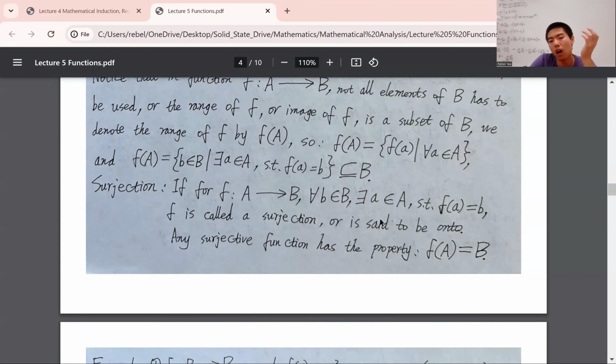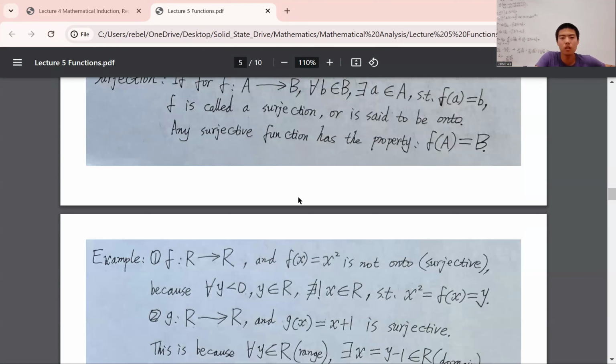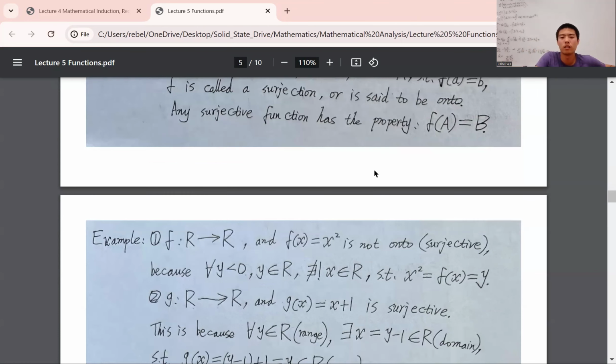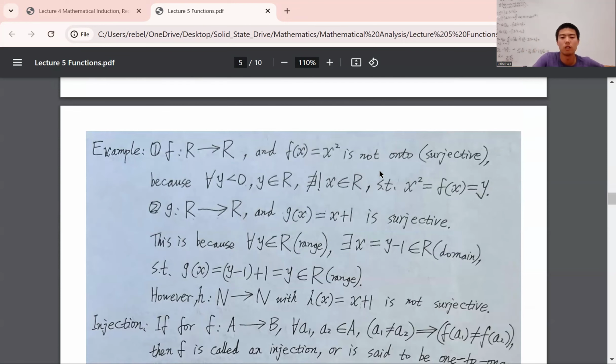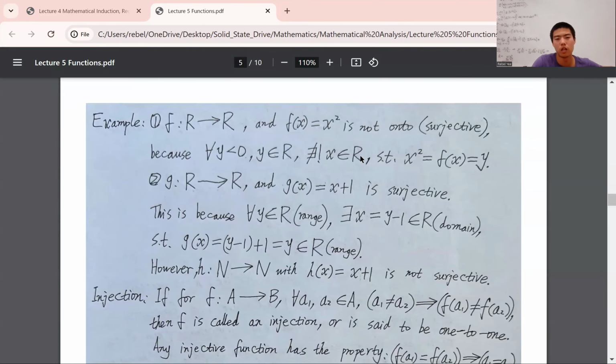And it also can be called onto because the function is onto the set B, like all of B is reachable. And any surjective function has a property: the image of the set is equal to the codomain, or the range is equal to the codomain. So let's give some examples of the surjective function.